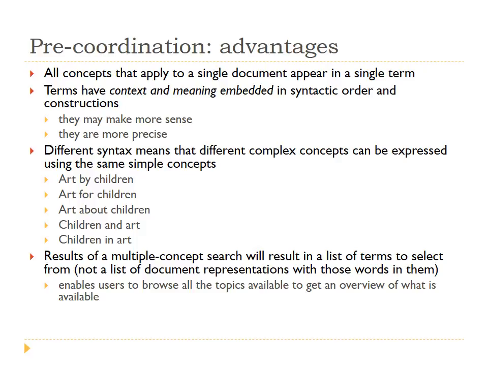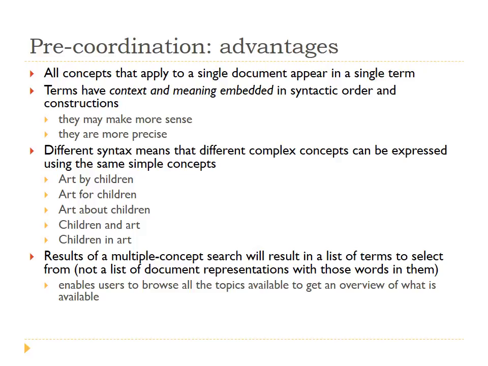Pre-coordinate terms also have context and meaning embedded in the order of the terms. So they might make more sense to people looking at them, right? Think about the effects of salt on animals or genetic aspects of nutrition. They might make more sense to someone encountering them, and they might afford more precision when searching because of that.